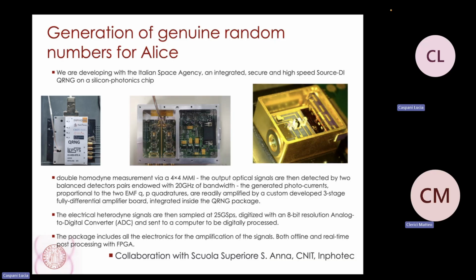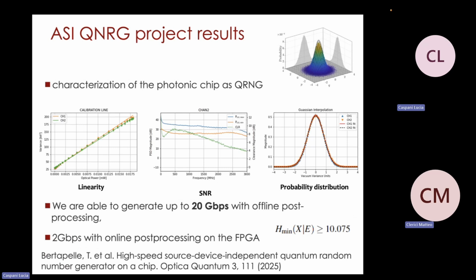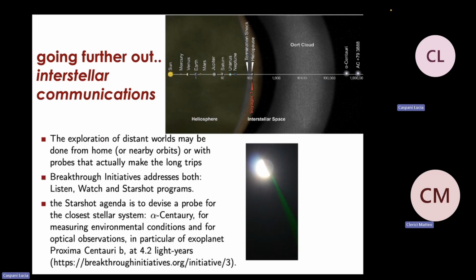Our best at the moment is the heterodyne of the quantum vacuum, and our latest result, essentially obtained with chips done in collaboration with Sant'Anna, reached up to 20 gigabit per second, that essentially provides a source that, of course, needs to be realized according to the needs. But it is very, very good for the applications of today and the near future.